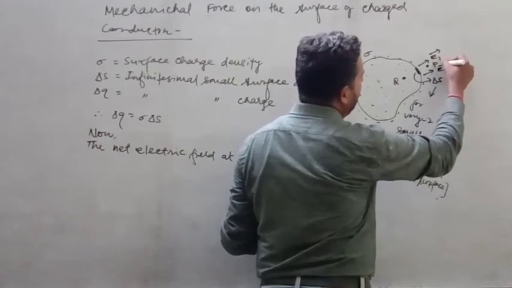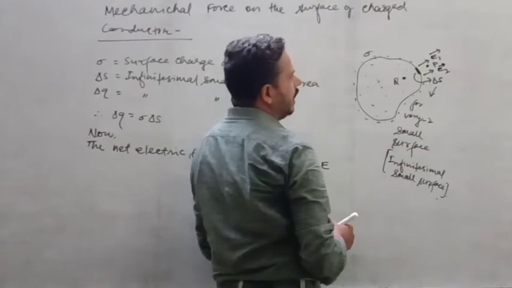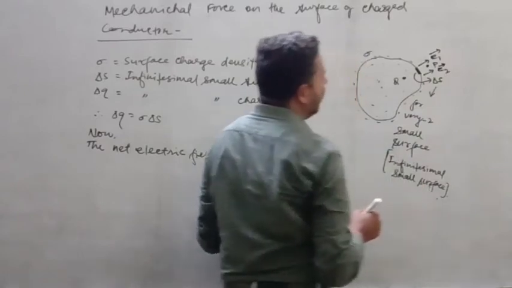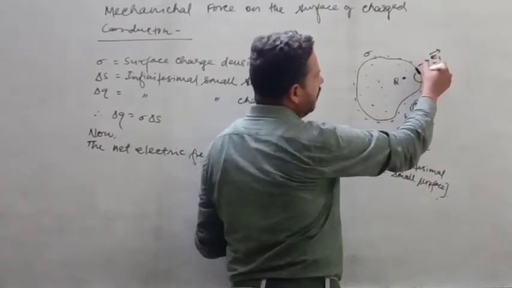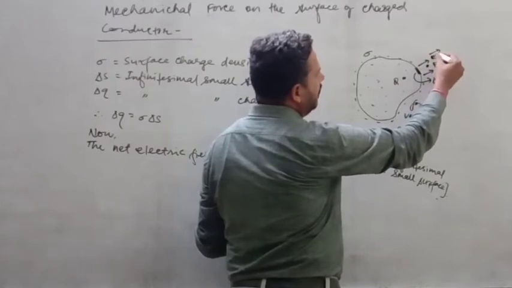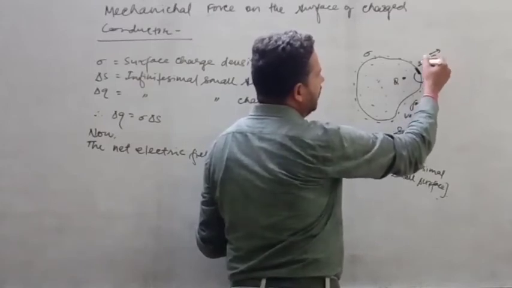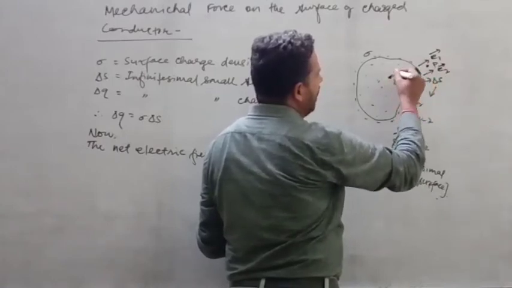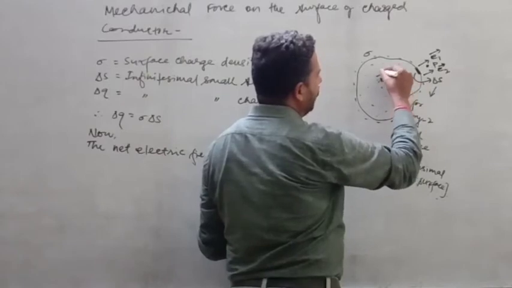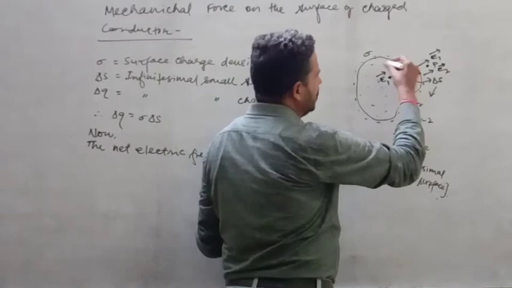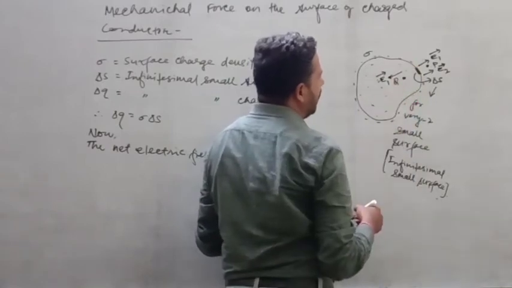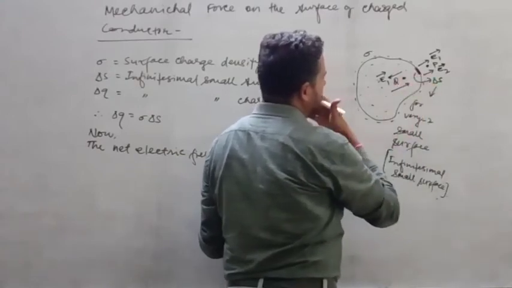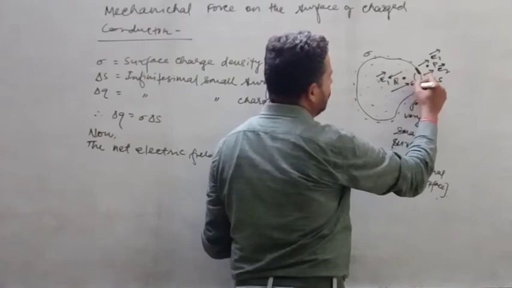So you get field lines E1 and E2 at point P. The surface charge gives E1 in this direction, and the charge inside the conductor gives field E2 at point P along this direction.